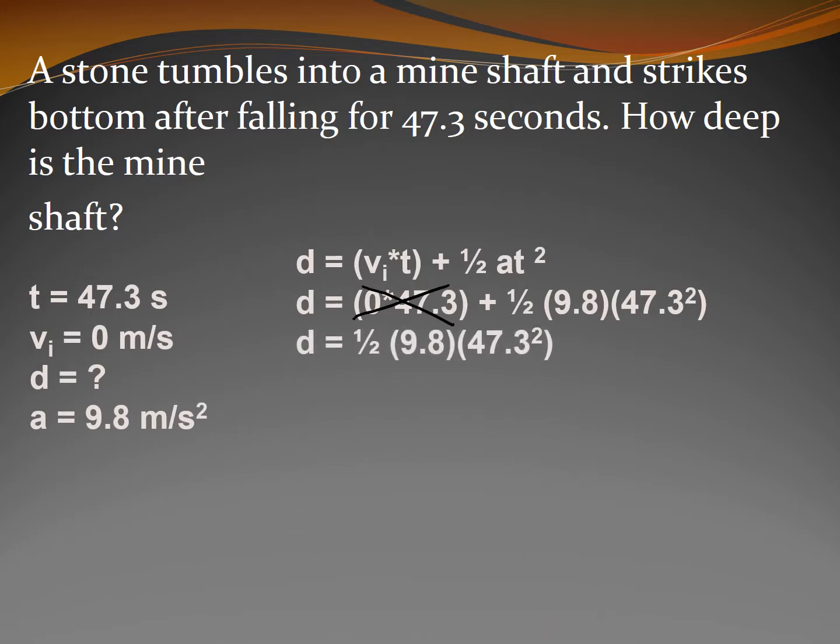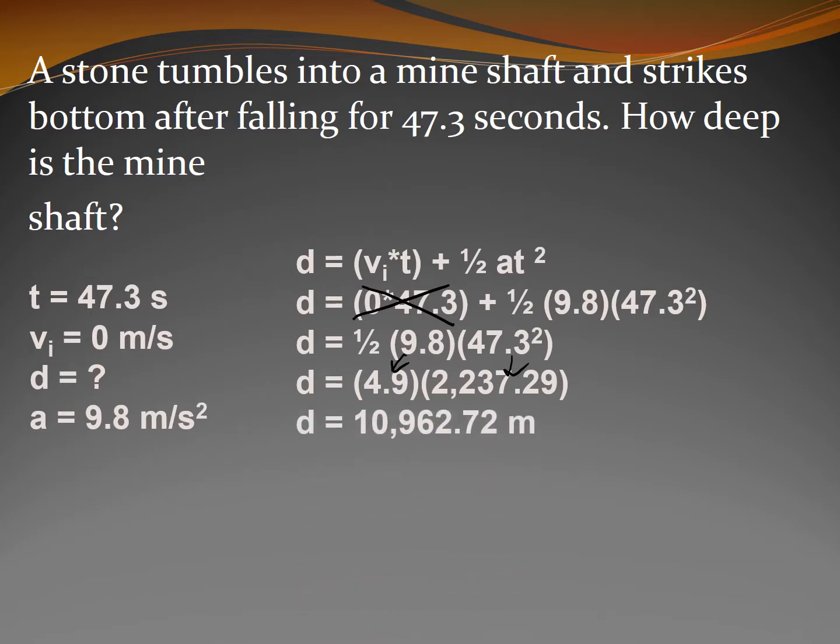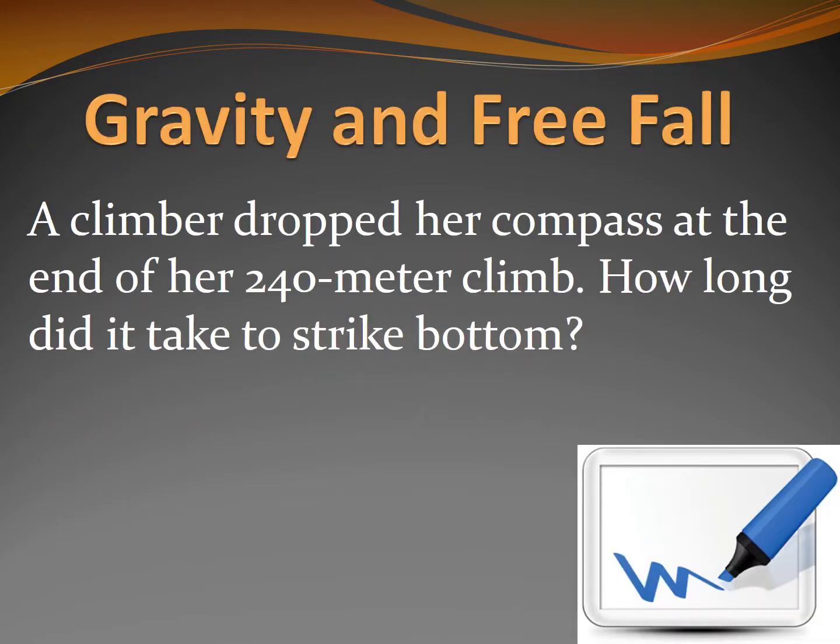So we simplify 1/2 times 9.8 times 47.3 squared. 1/2 times 9.8 is 4.9. 47.3 squared is 2,237.29. And finally, we get that the mine shaft is 10,962.72 meters deep. That is a very large number, just like we had predicted.